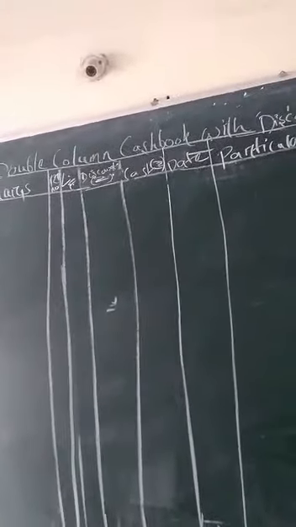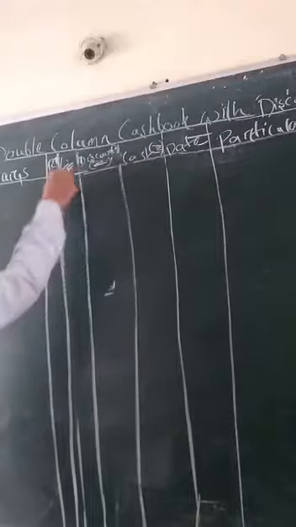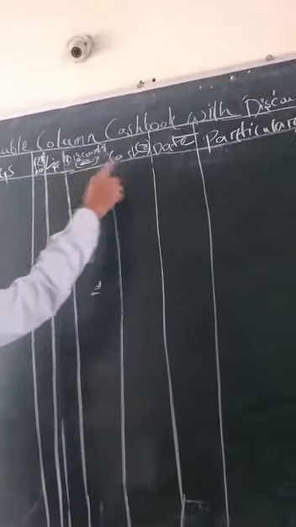Very good. So everybody please come down. Look at this double column cash book with discount and cash columns. So this is ready. Date, particulars, receipt number, ledger folio, discount rupees, cash rupees.